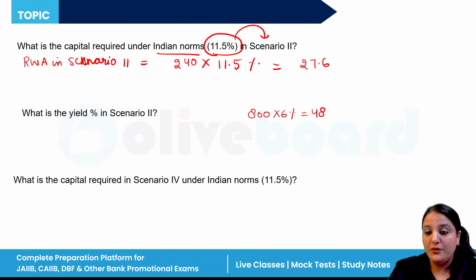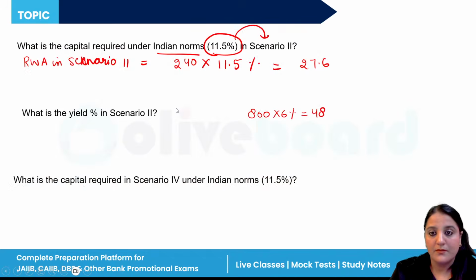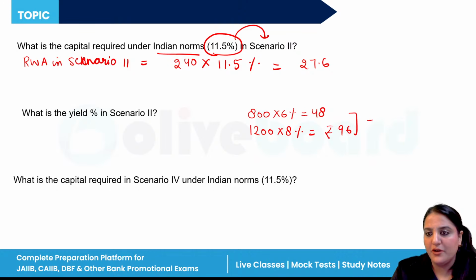Then 8% of 1200, which is 96 rupees. When we add these, we get rupees 144, right?